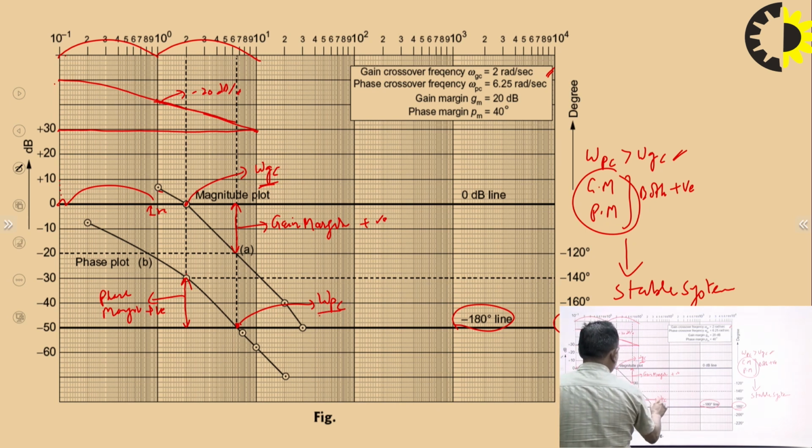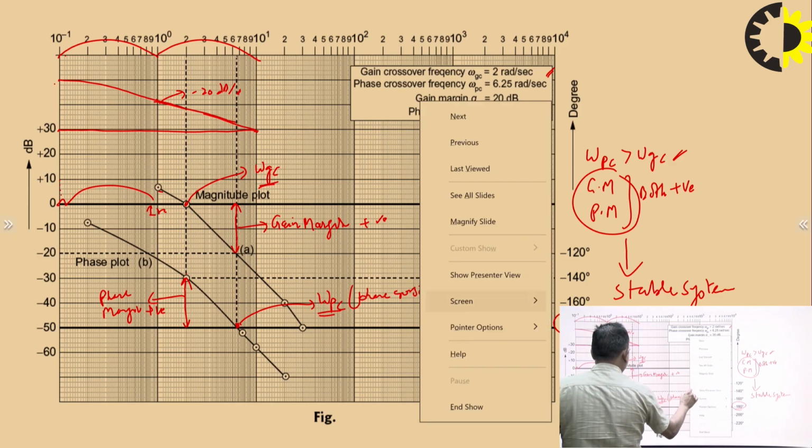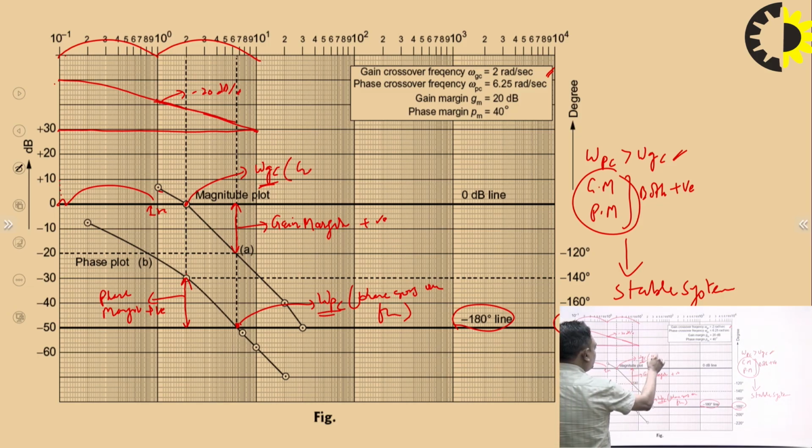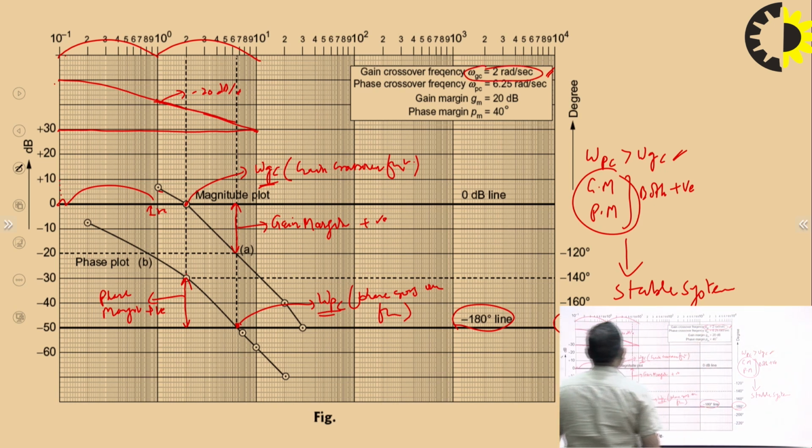So this is your phase crossover frequency, and this is your gain crossover frequency. So this gain crossover frequency you will get is 2 radian per second, and phase crossover frequency is this. So this value you want to read.